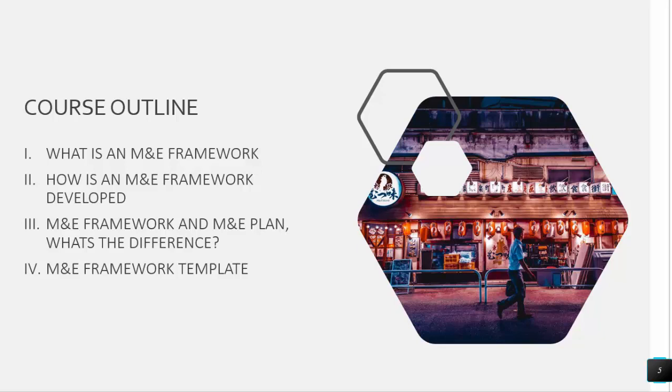If you want to skip straight to this topic, just go to the description, hit the timestamp, and you get the difference instantly. Then lastly, I'll give you an M&E framework template that you can be using as you're developing your own M&E frameworks in your organization. I sure hope you're going to enjoy this tutorial. Let's get started.